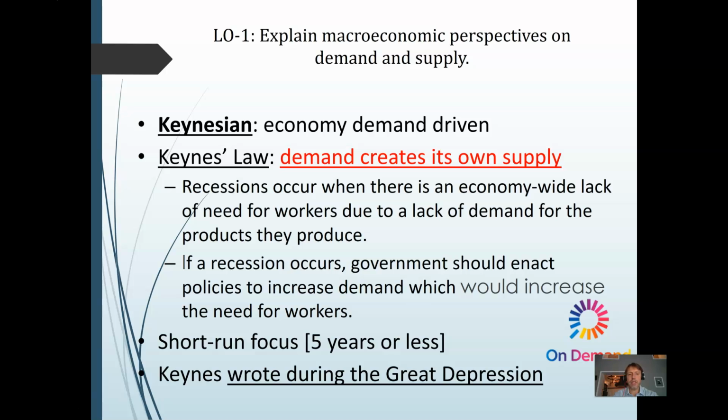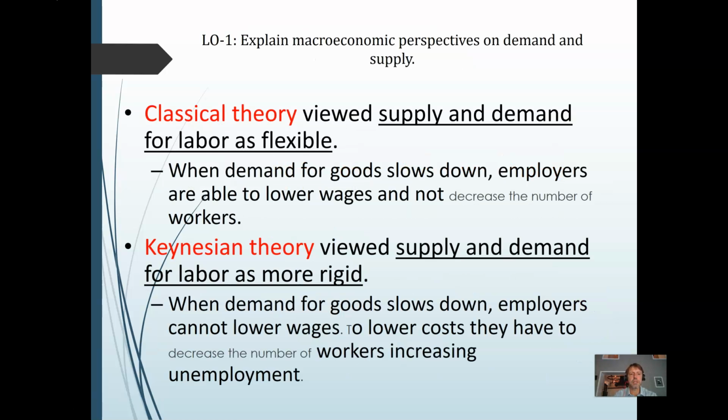That can increase the need for workers and get the economy going again. So their job is to really spend more during a recession and then reduce their spending during strong periods for consumers and businesses.